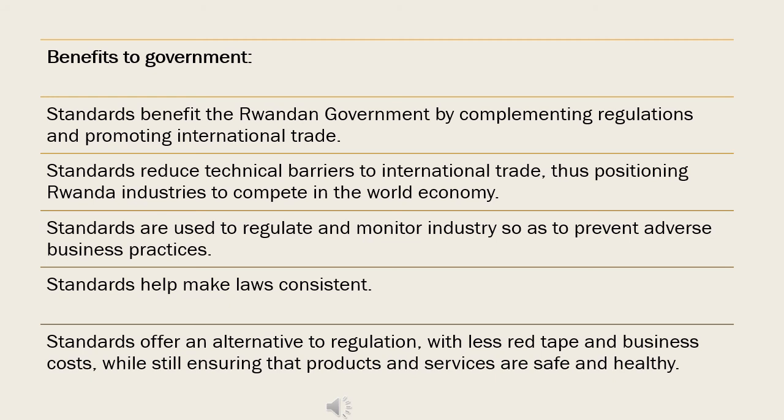So if you want to start a service business, a product business, a trade business or manufacturing, standards have already been set. You can go to Rwanda Standards Board, buy a standard and start operating.